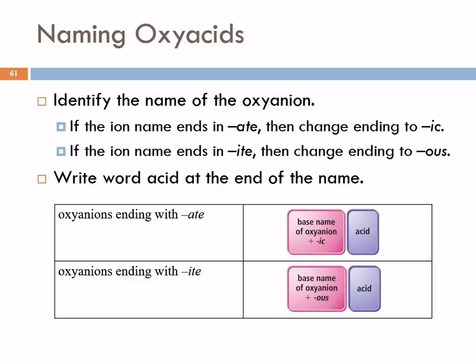Naming the oxyacids. The oxyacids are named based on the name of the oxyanion that's present. So you look at the formula, you cover up the H's, and see what the other elements are. You figure out, well, what's the name of that oxyanion?